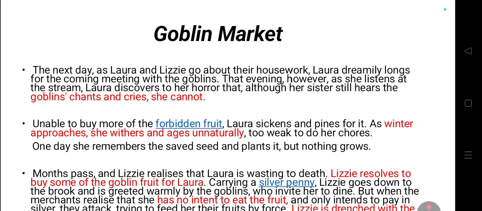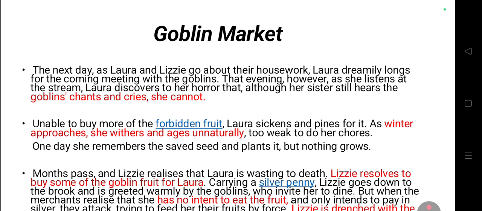Okay, so in the next day's evening, when Laura tries to listen to the goblins, she could not hear their chants, but Lizzie could, because intellect is there. So when you are governed by instincts, you become blind somewhat. But when you are governed by your intellect, you may see things very clearly.